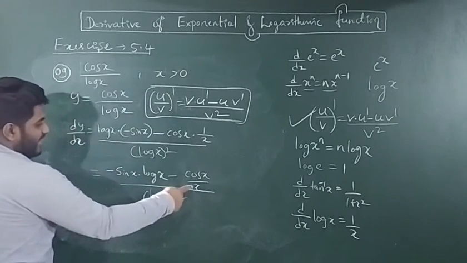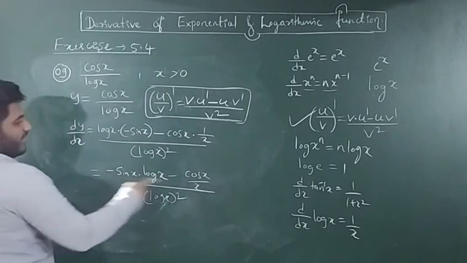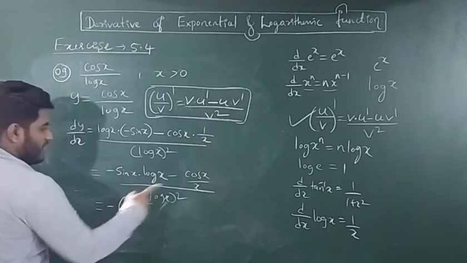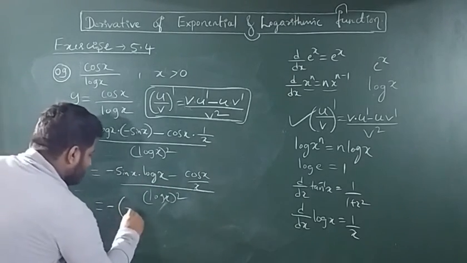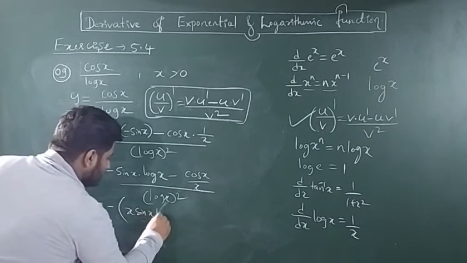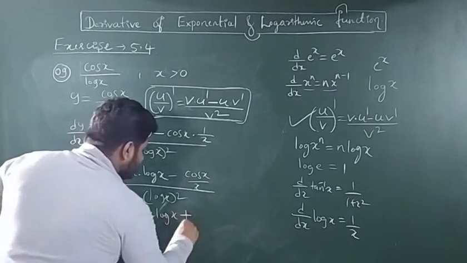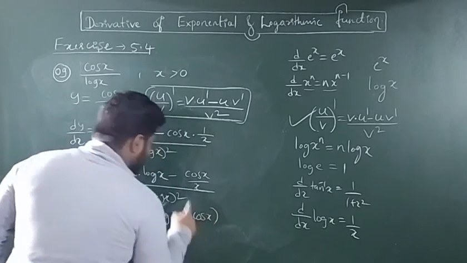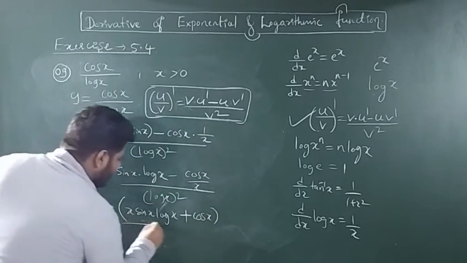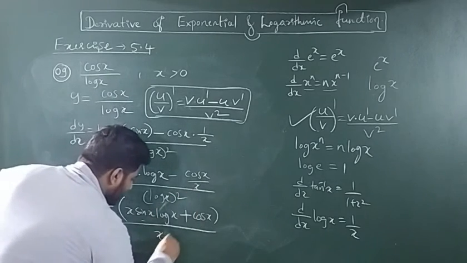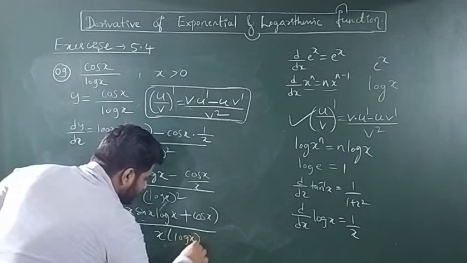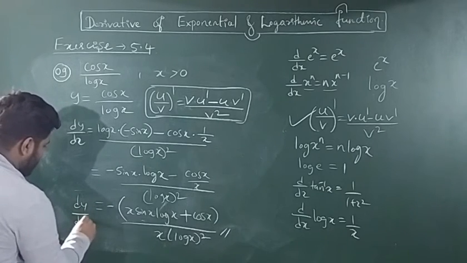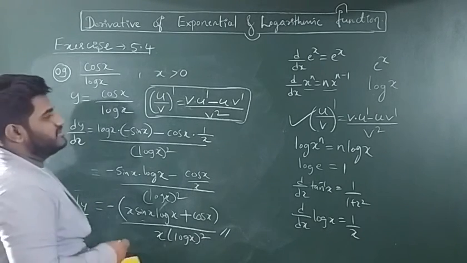So we can simplify by taking minus sign common, multiplying x here and taking the division. So minus sign common, x is multiplied here: x into sin x into log x plus cos x as it is, taking LCM as x, divided by x into log x whole square. So this is the answer for this question, dy by dx of the following function.